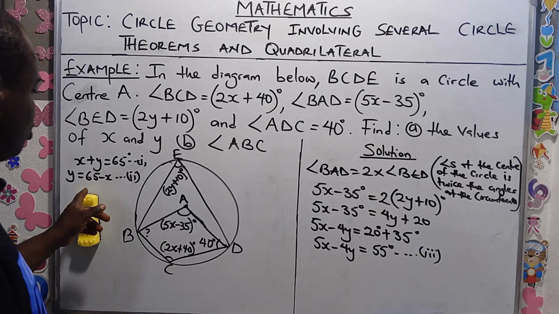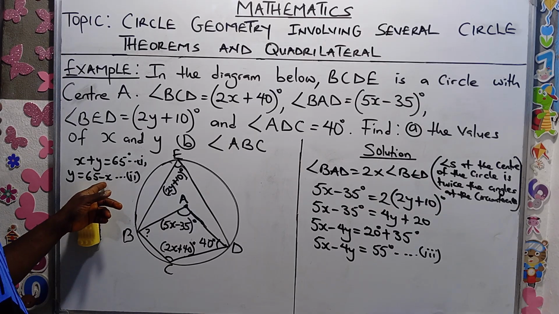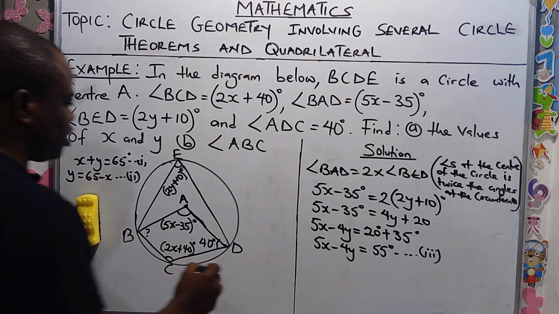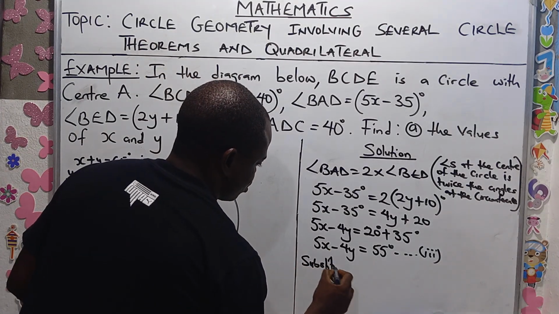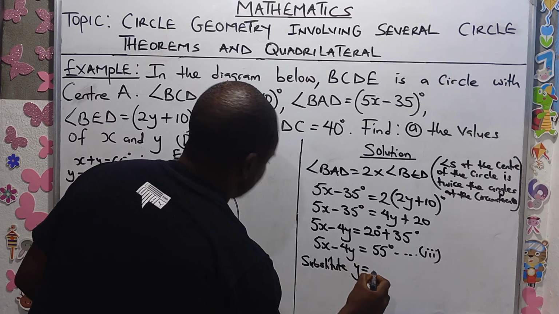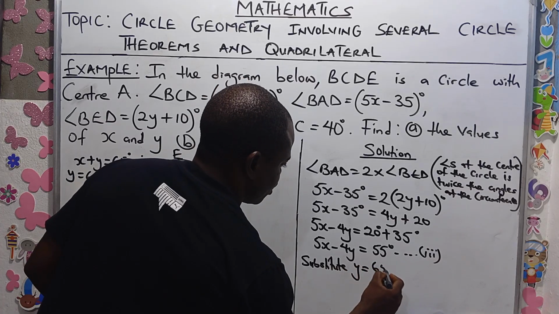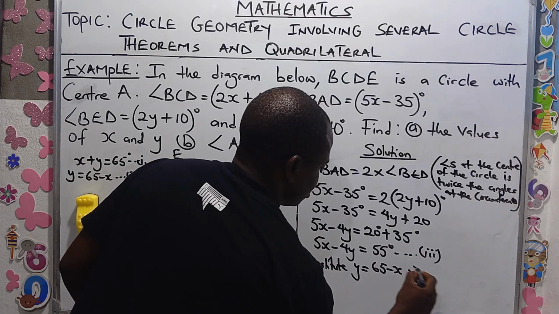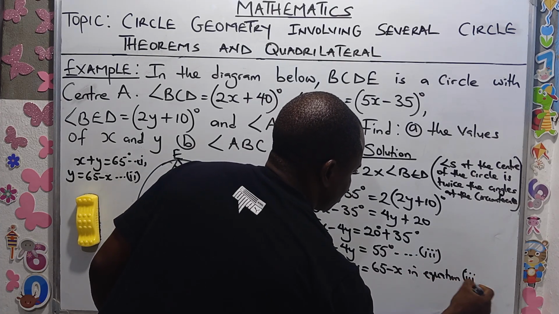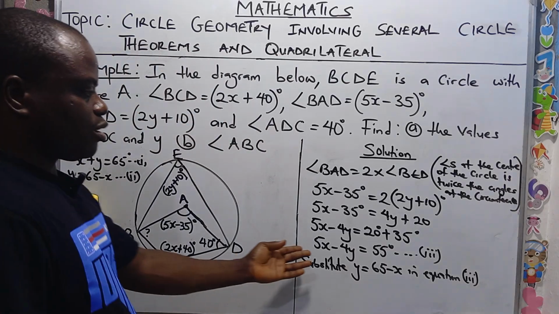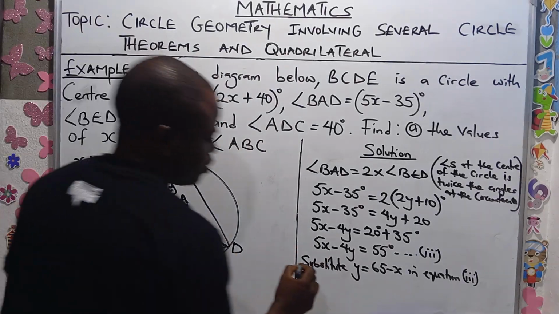Now let's substitute y equals 65 minus x in equation 3, so that you can get the value of x.